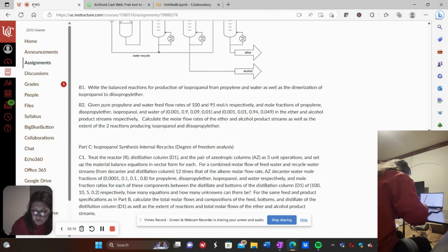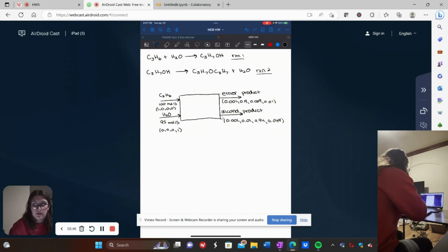For the ether, we have 0.001, 0, 0.9, 0.009, and 0.01. Wait, correcting: 0.001, 0.9, 0.009, and 0.01. And then for alcohol, we have 0.001, 0.01, 0.94, and 0.049. So there you have it.